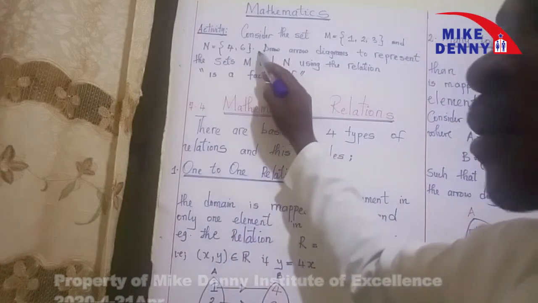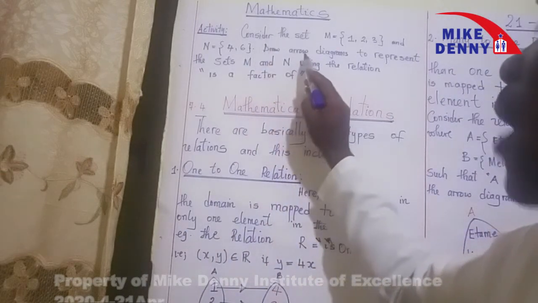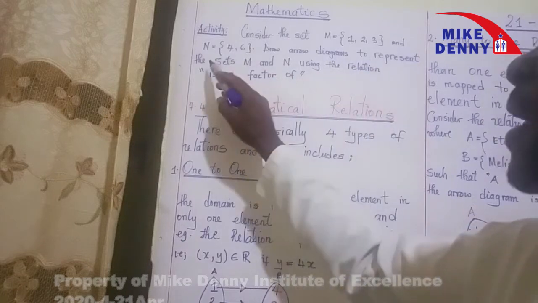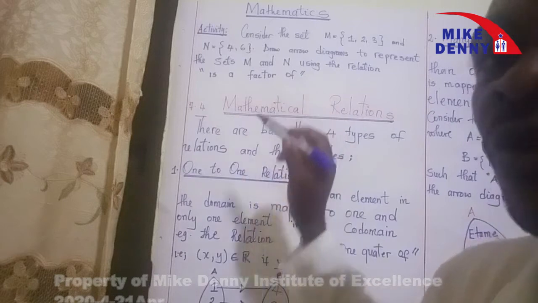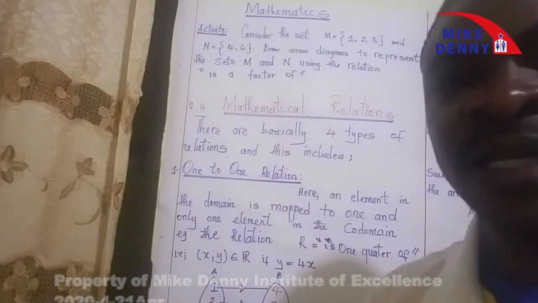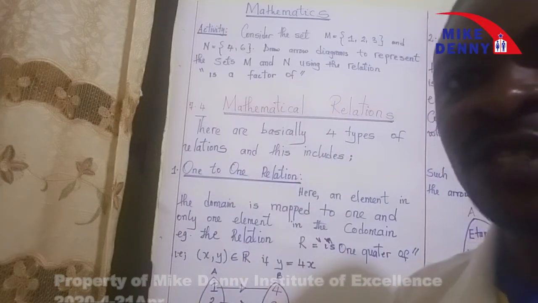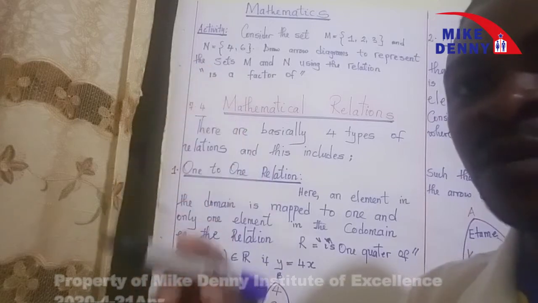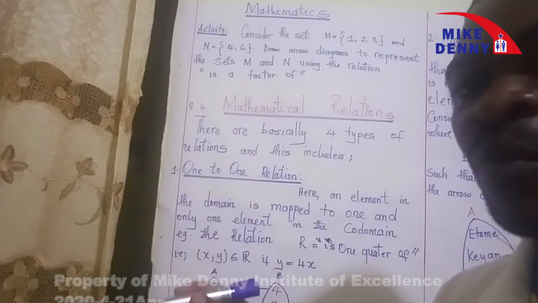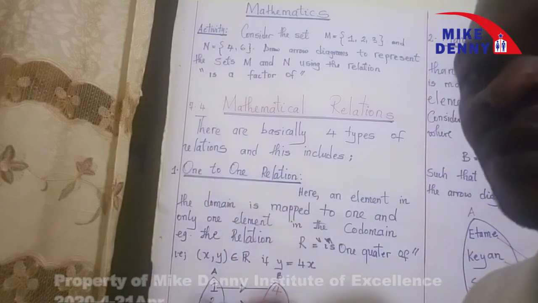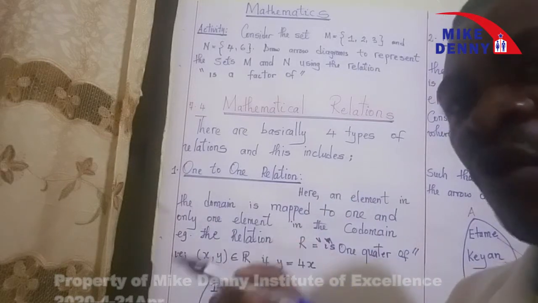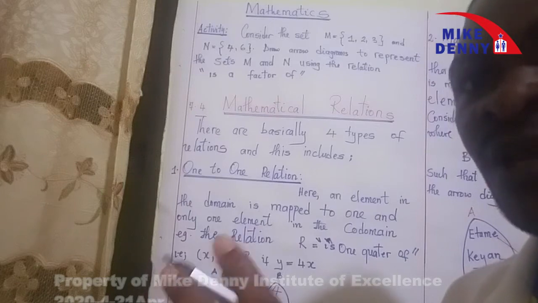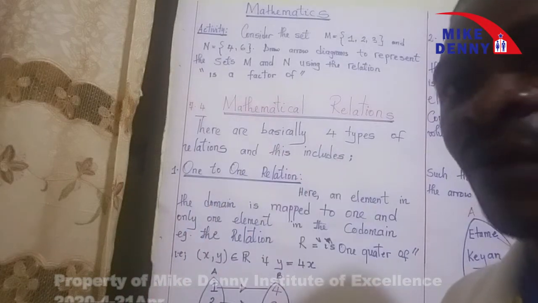The question is for you to draw an arrow diagram to represent the sets M and N using the relation "is a factor of". I already explained what factors are in the last class. So you use the relation "is a factor of", then you draw the oval shapes, indicate the domain and the codomain, and link them up using arrows. So if A is a factor of B, then you connect. If A is not a factor of B, don't connect. This is what we did in our last lesson.